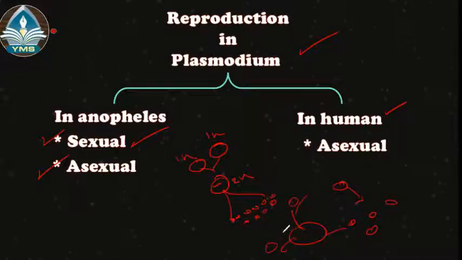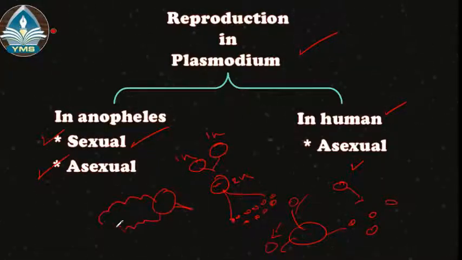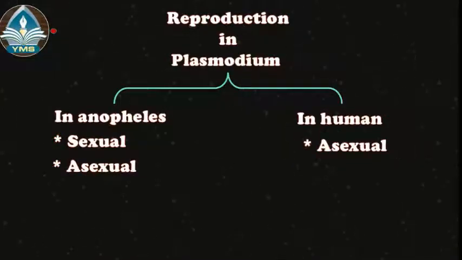Yes, it produces gametes, but this gamete production is asexual reproduction. The gametes will not join in the human. They will join together in the mosquito stomach, not in the human. And that is it about reproduction of Plasmodium. I hope this is clear.